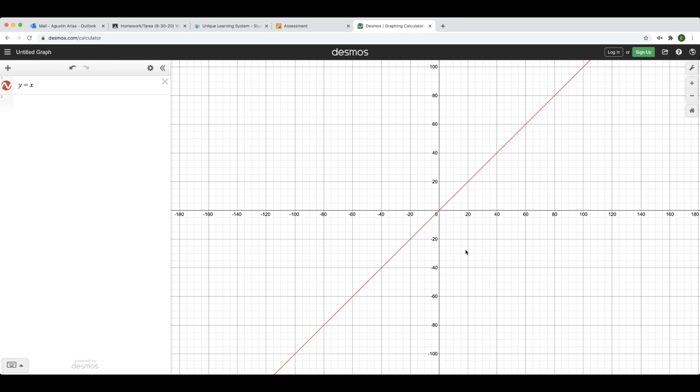When we're talking about range and domain, the domain is written from left to right, and the range is written from bottom to the top.